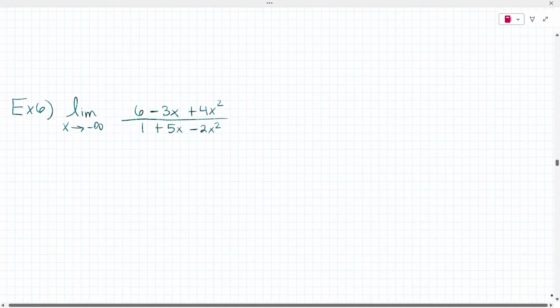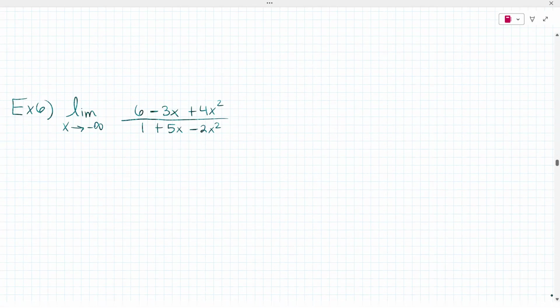Let's do example 6. So what is the limit as x approaches negative infinity? It's okay to have a negative infinity or a positive infinity. It's still a rational function. So the limit is technically your horizontal asymptote, and you just have to know the rules. So let's figure out what it is. On the numerator, the highest term is 4x squared.